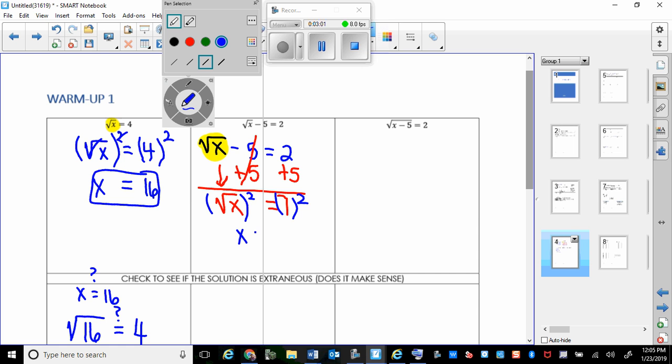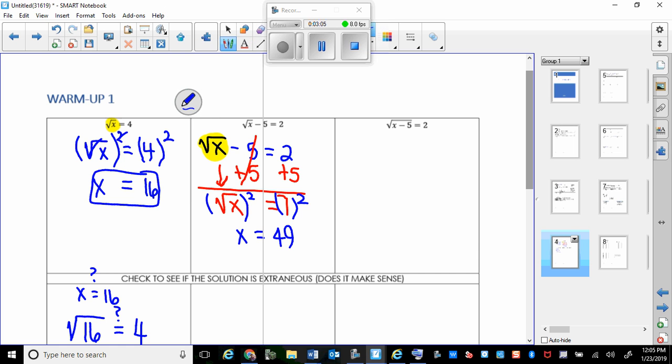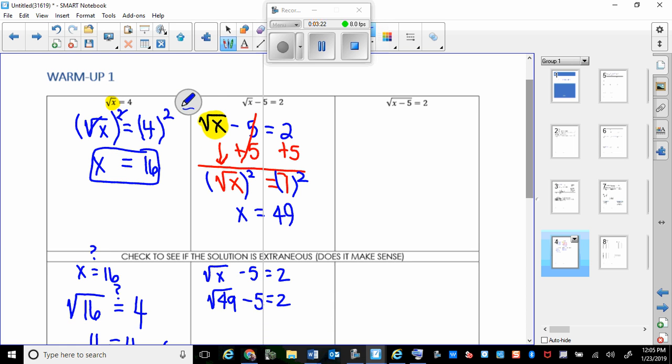I get x equals 49. Check my solution. Square root of x minus 5 equals 2. So the square root of 49 minus 5 equals 2. And if I check, it's true that 7 minus 5 does equal 2. This checks out, so it's true.